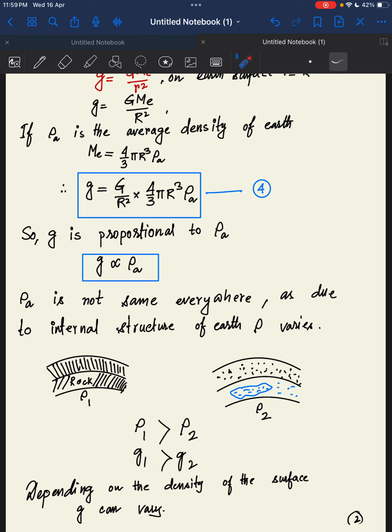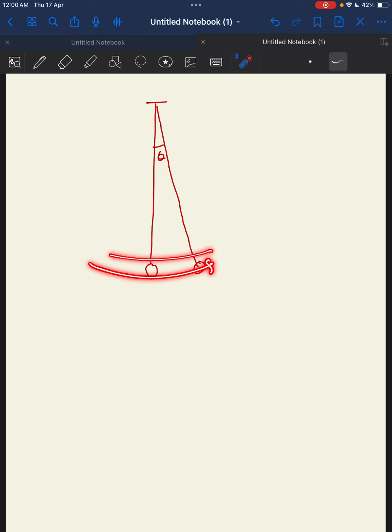So accordingly scientists wanted to develop some method to find the value of G. Initially there was the pendulum, that is, the simple pendulum. What is that? A simple pendulum is nothing but a bob connected to a string. If you displace the pendulum from the vertical position at some particular angle, then it will oscillate about the mean equilibrium position.